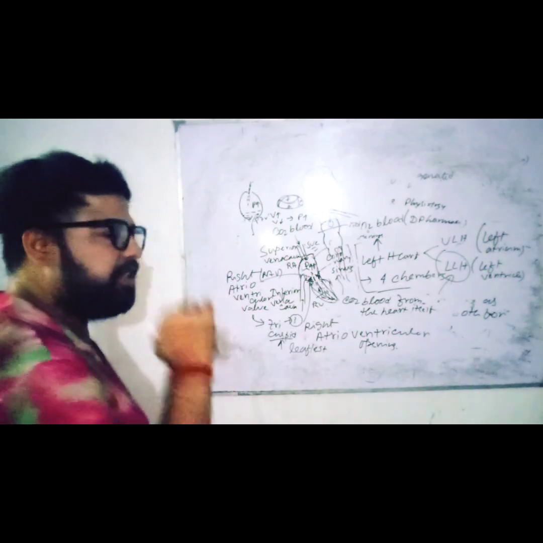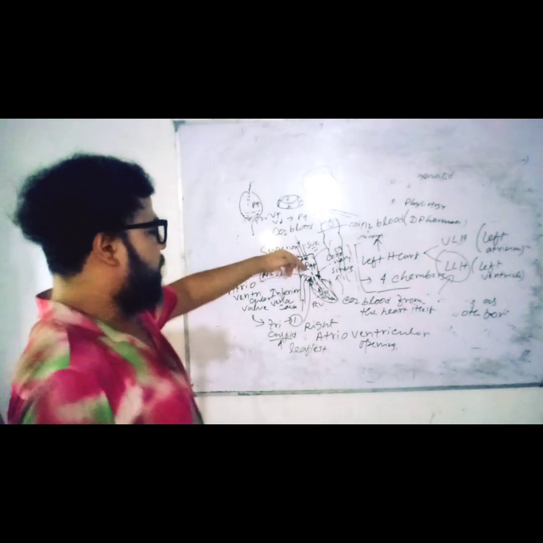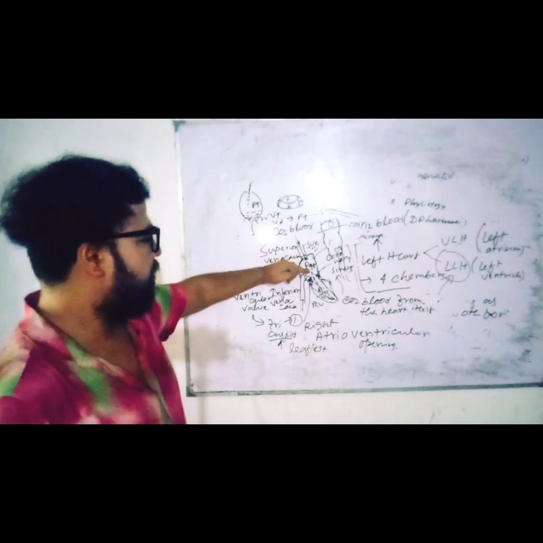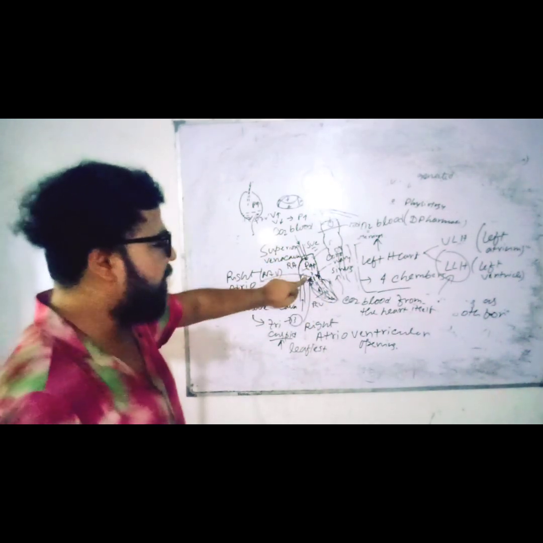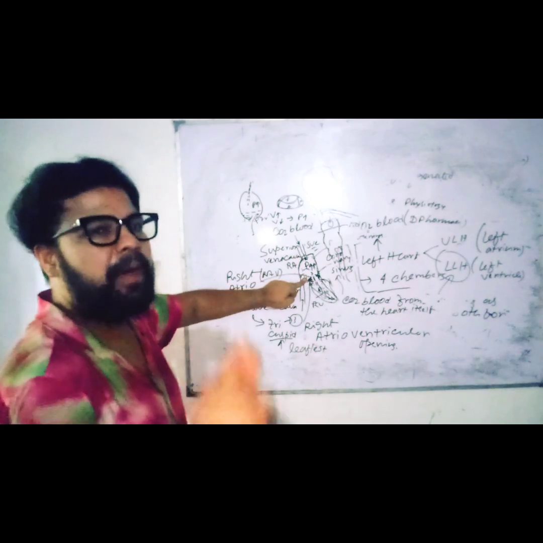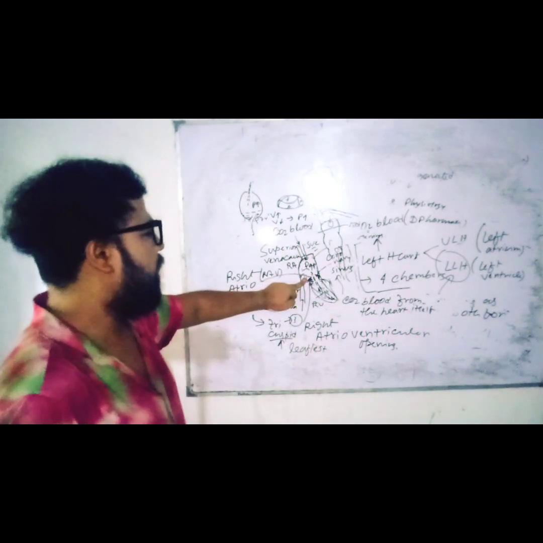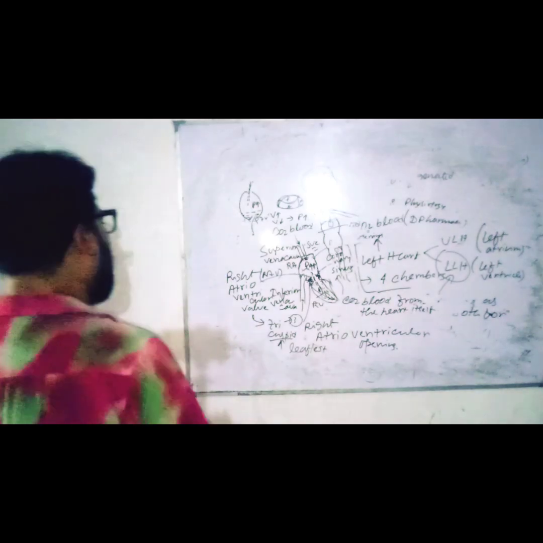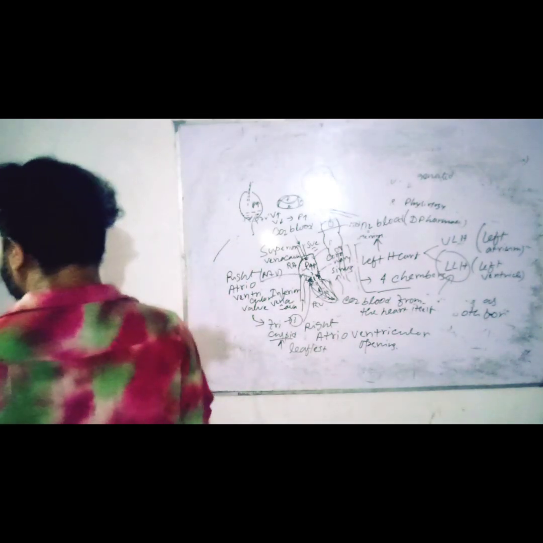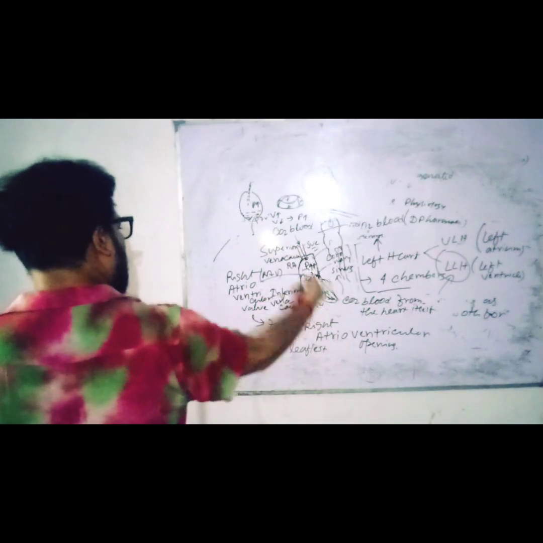So there are three phases. First phase, the rapid velocity. Second phase, the medium velocity, and third phase, further rapid velocity. So first the velocity of the blood flow will be more.